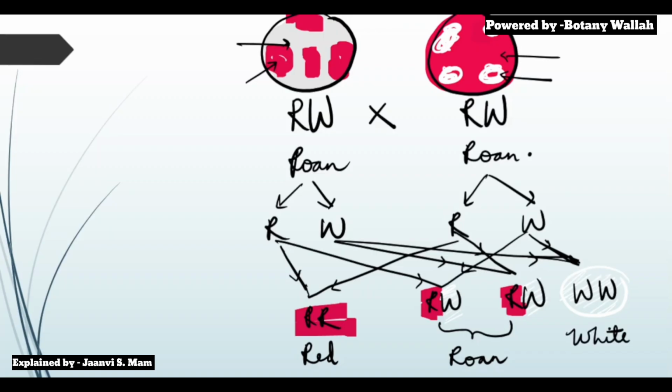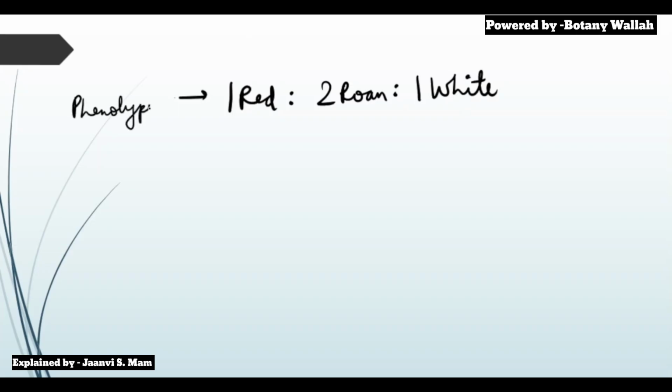So here, if you see the genotypic ratio and the phenotypic ratio, we have one red is to two roan is to one white. So this is which ratio? This is the phenotypic ratio.